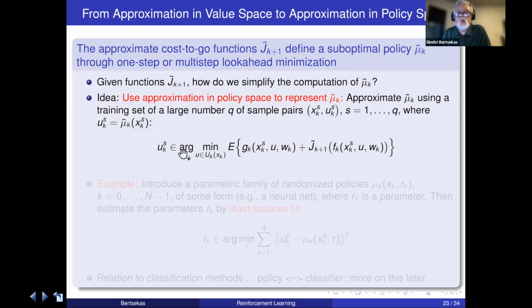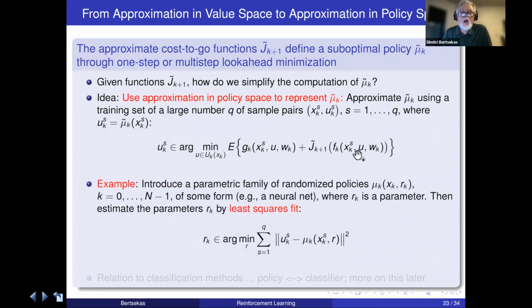We do this calculation, we obtain the corresponding 1 million controls, and we have constructed a training set involving 1 million samples. Now, once we have these input-output pairs, we can fit some kind of an approximation architecture, some kind of a neural network to this training set, often by using least squares.